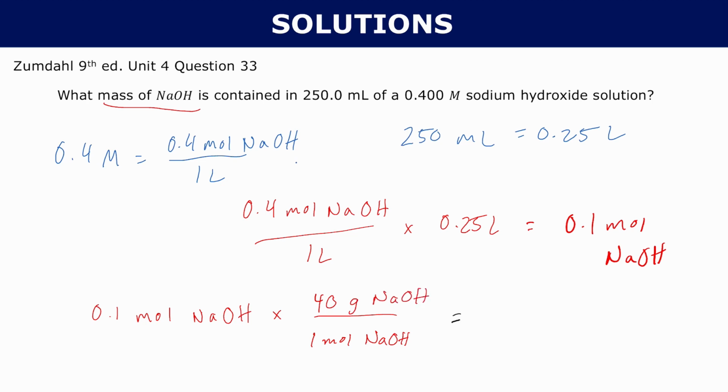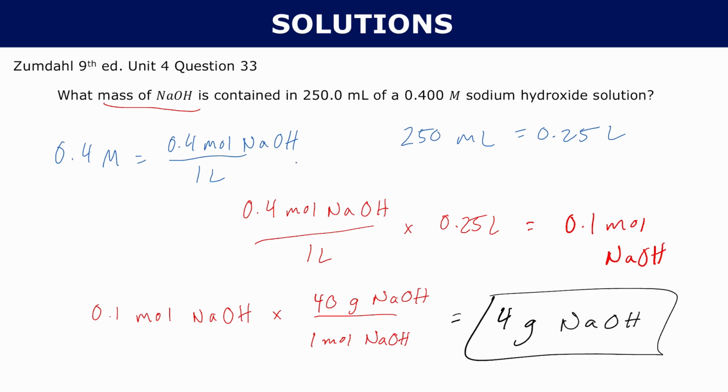So the mass comes out to 4 grams NaOH. And that's how you use the concentration to help you determine different things. Concentration is a really fundamental idea, and it's used all throughout chemistry, especially molarity. So it's really important to know this little bit. All molarity represents is that in 1 liter of a solution, you have that many moles of that solute.